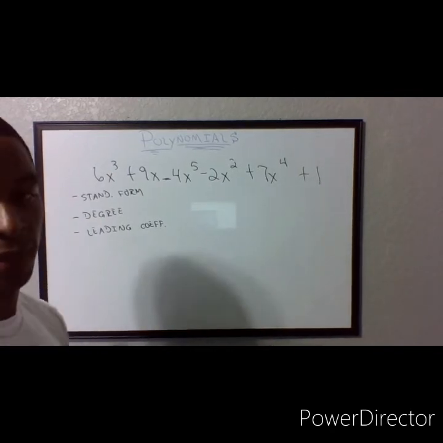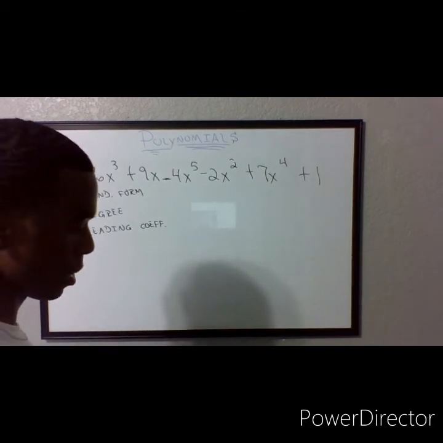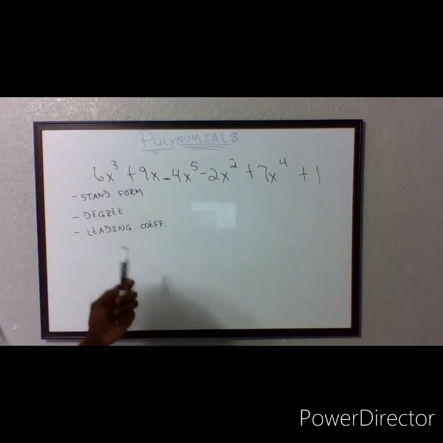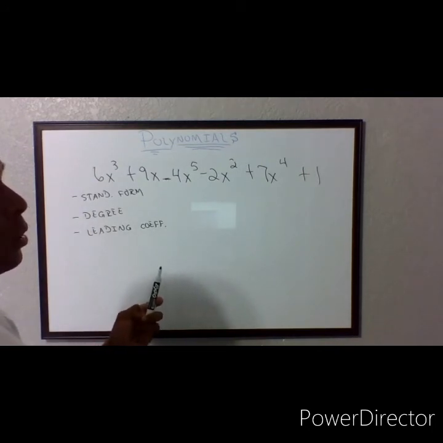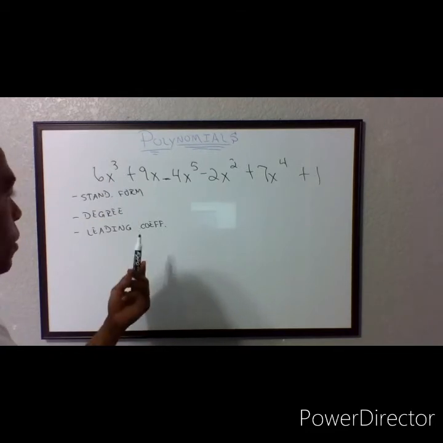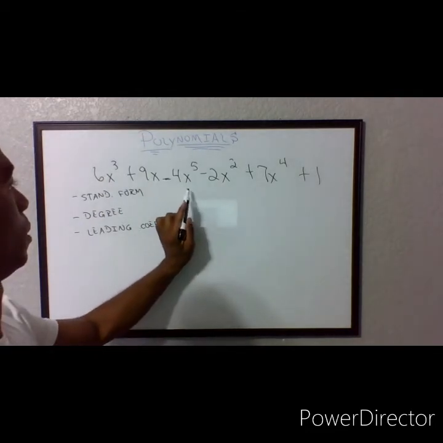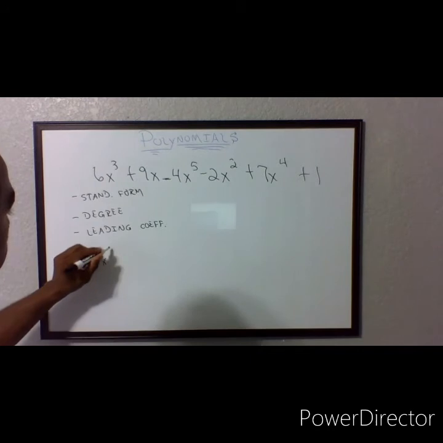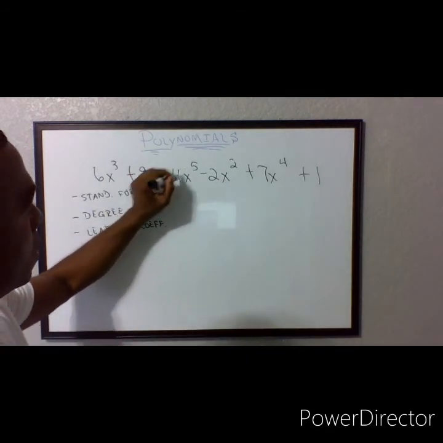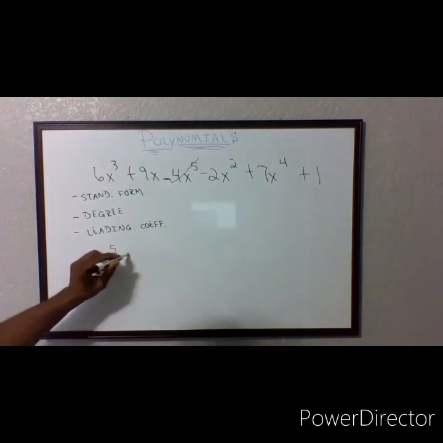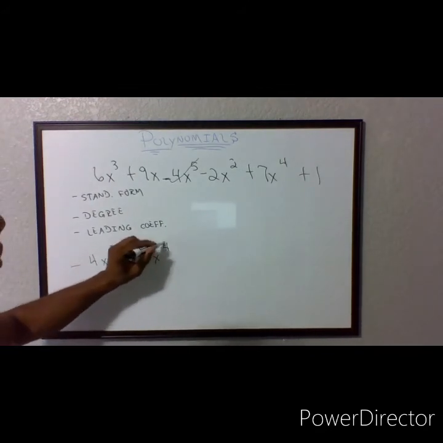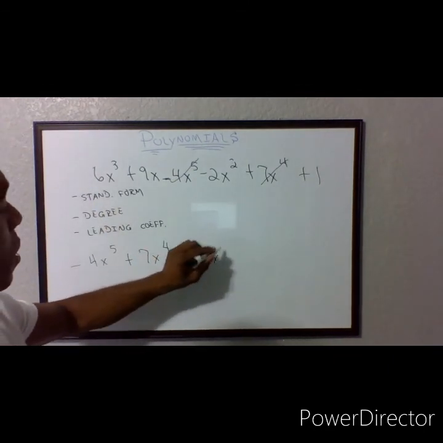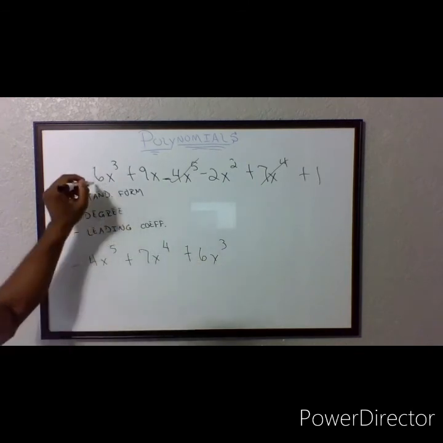Alright, if you were able to work on it, this is what we're going to do. First off, standard form. How do we do this again? We order the terms from greatest to least by the exponent numbers, or the degrees. Our highest degree is 5, so we have negative 4x to the 5th. Then we have degree 4, plus 7x to the 4th. Now we have degree 3, plus 6x cubed.